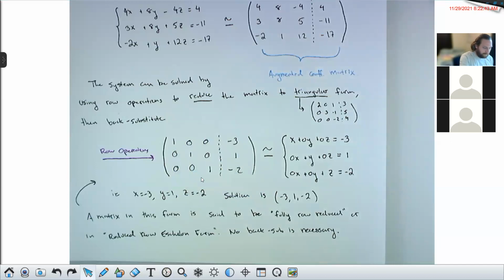We'll be talking about that when we get to talking about inverting matrices. Before we get there, I need to introduce the algebra of matrices a little bit.